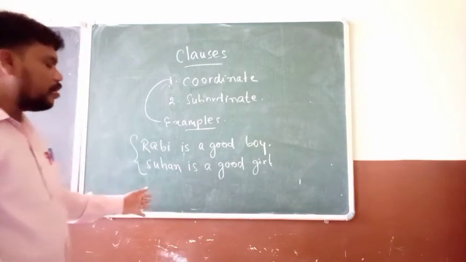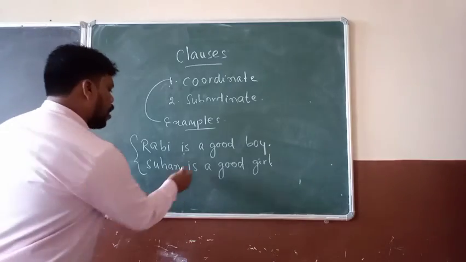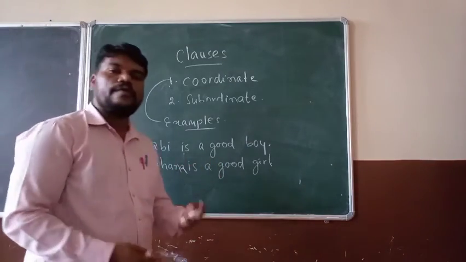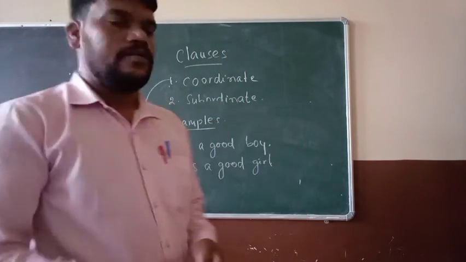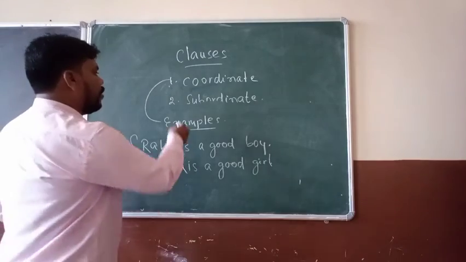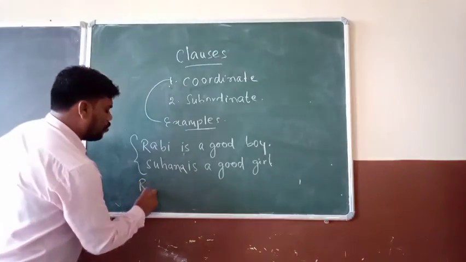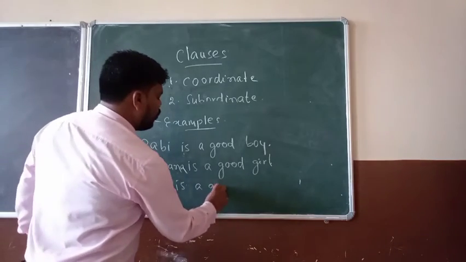As you can see on the board, Ravi is a good boy. Suhana is a good girl. So how are we going to add these two sentences? We know that we are having the coordinating conjunction.